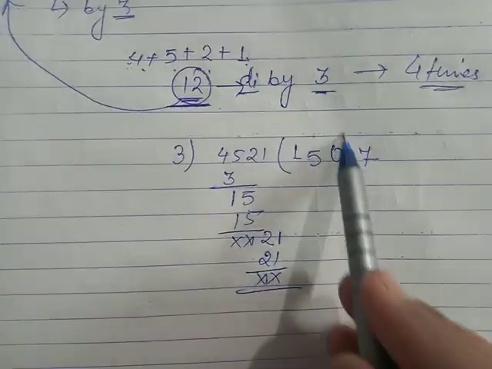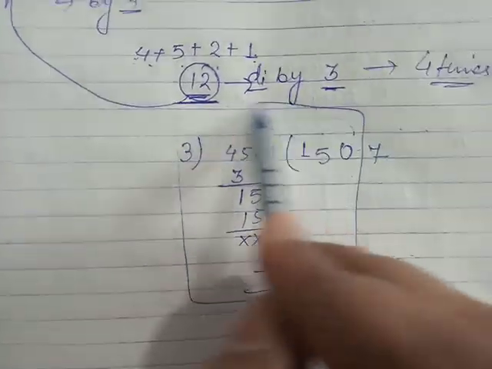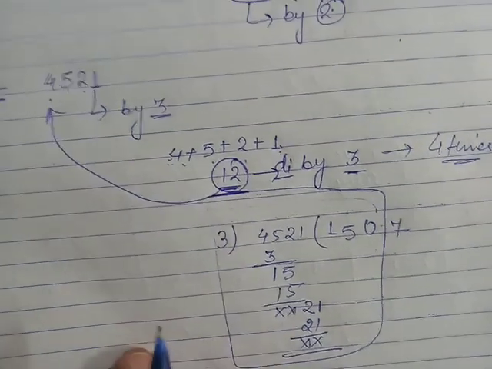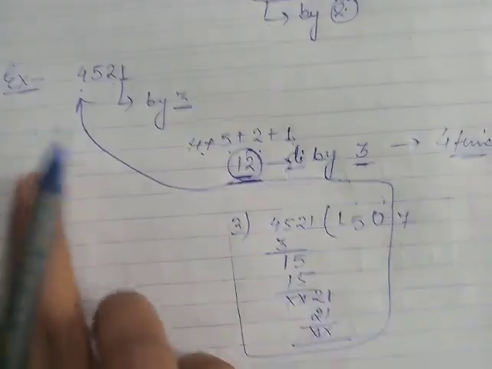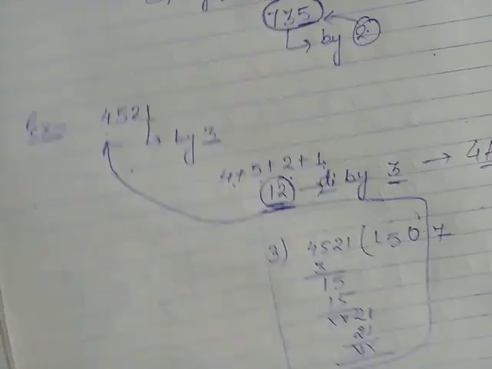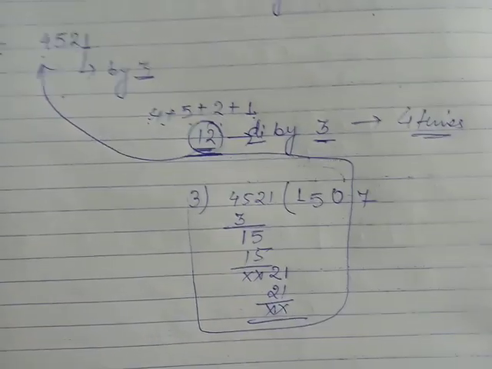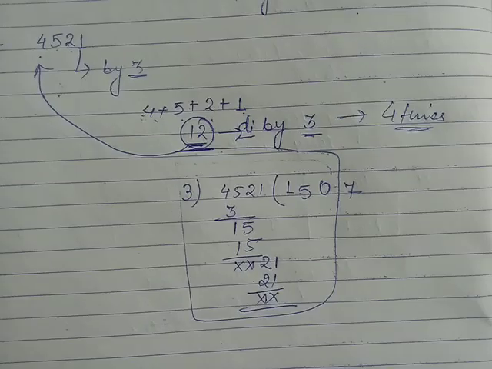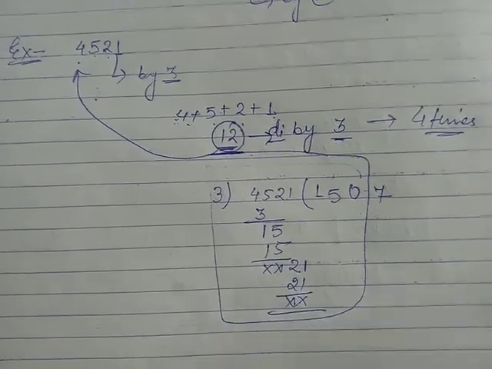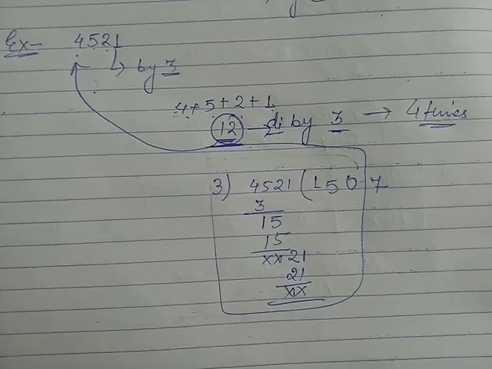Going through division is a long process. That's why we check the divisibility of any number by using this method. For test of divisibility of 3, if all the digits are added and the sum is divisible by 3, the number is also divisible by 3. Okay, now move to next.